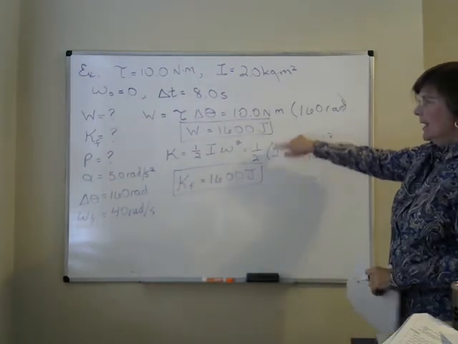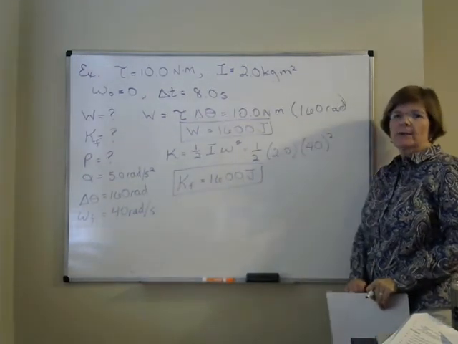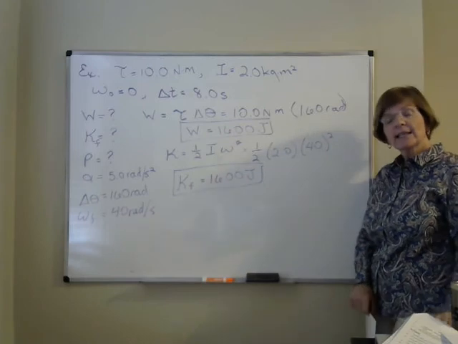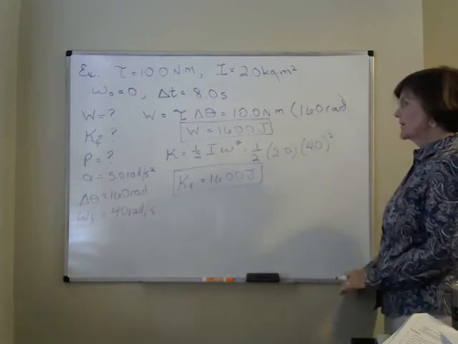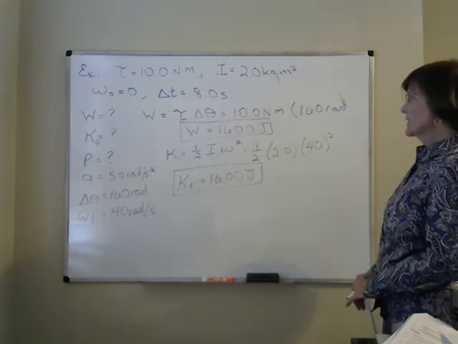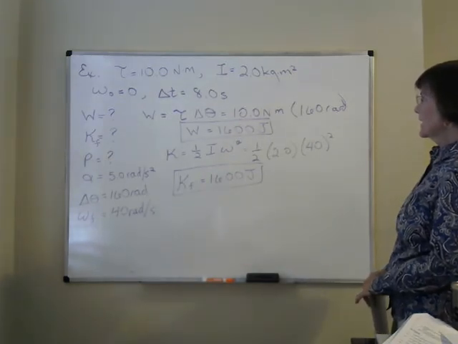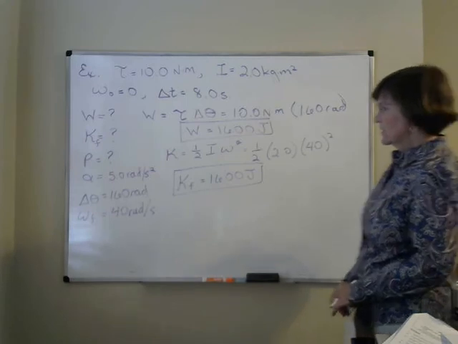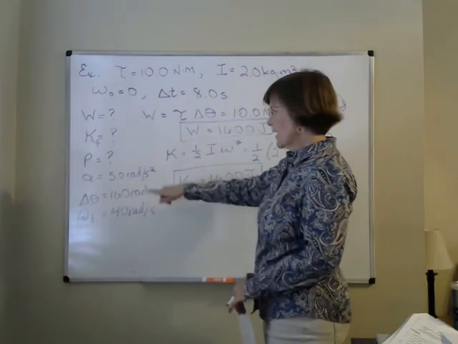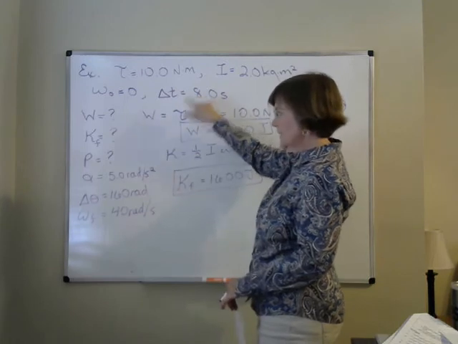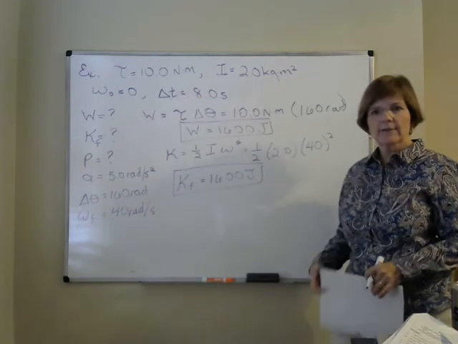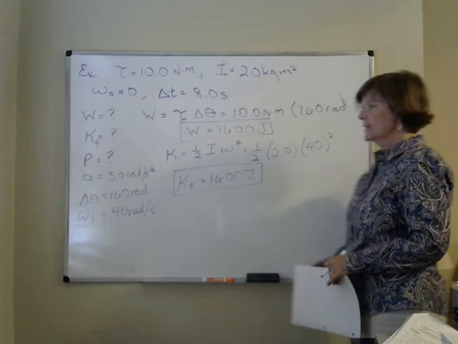These two are alike. It's not a coincidence. I didn't even really need to find the final velocity, angular velocity. It wasn't hard to find it. I mean, if I'm accelerating at 5 radians per second squared and I do that for 8 seconds, I'm going to end up going 40 if I started from rest, 40 radians per second.